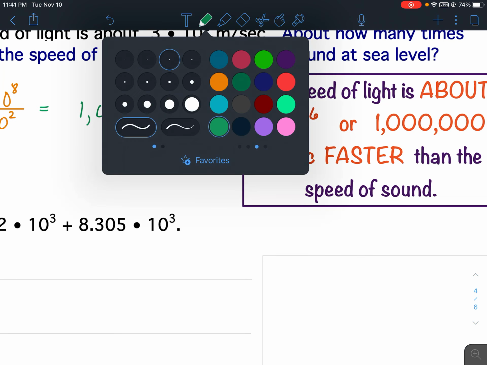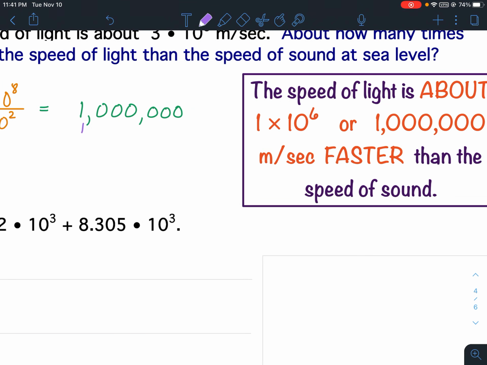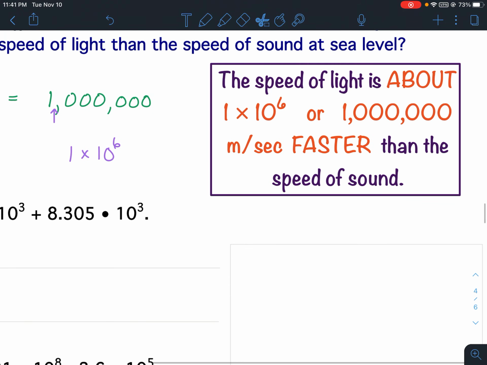So again, I knew my exponent went after the 1. So 1 times 10, and there are 6 zeros here, so 1 times 10 to the 6th. Pause your video, get all that written down.